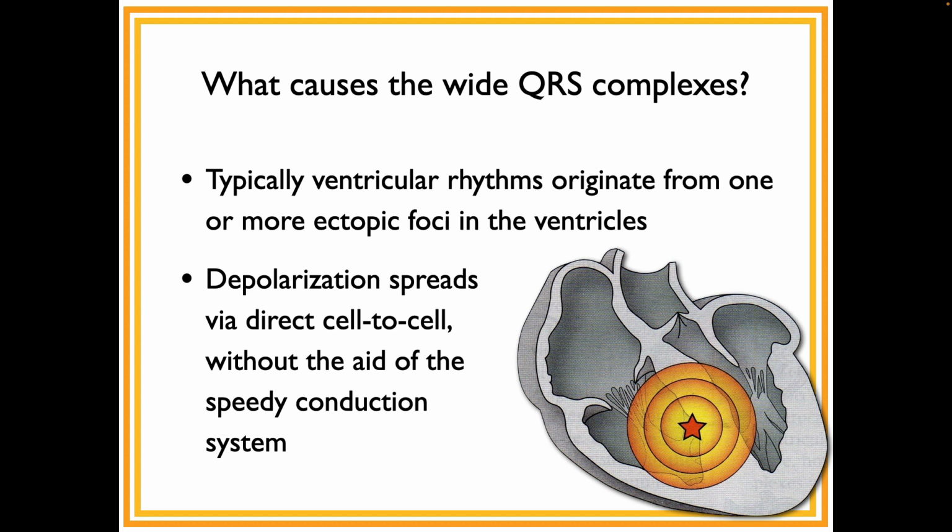Now, I'm not talking about VFib, because there are no QRSs in VFib. It has to have QRS complexes. There's no such thing as ventricular tachycardia with a QRS complex less than 0.12 seconds. It's impossible. Okay, that's the easy part of the concept.